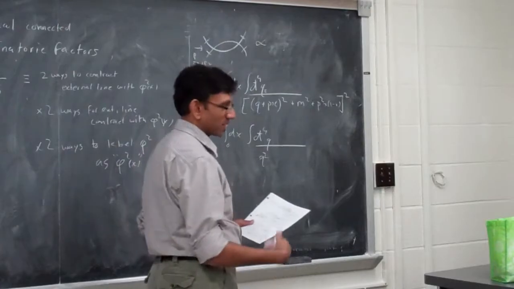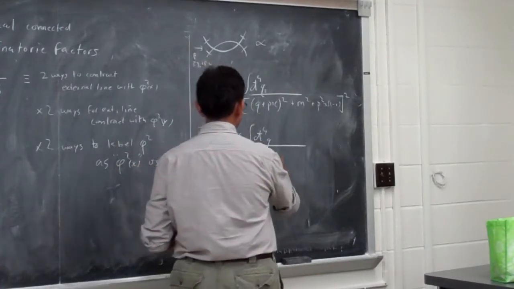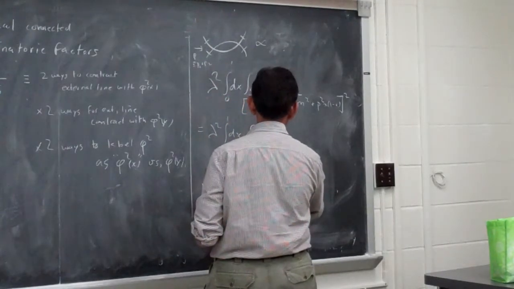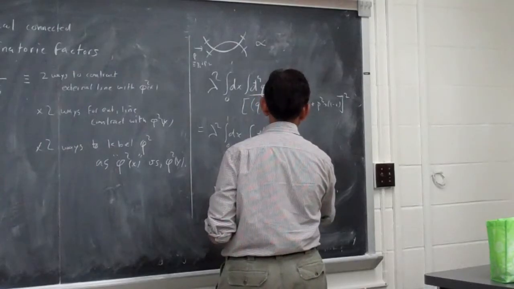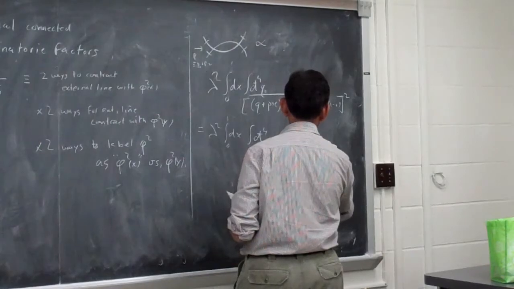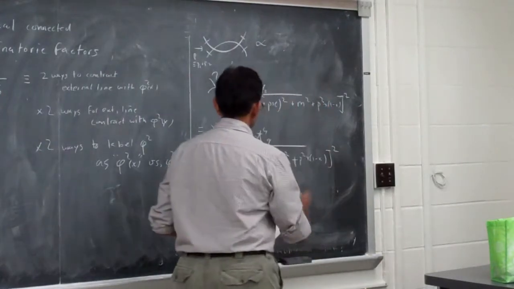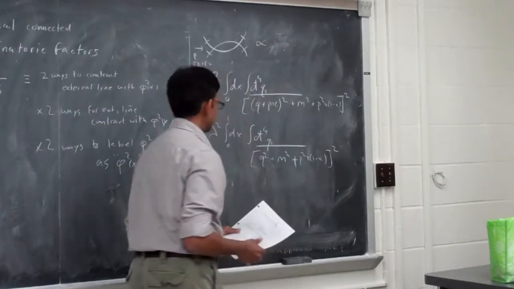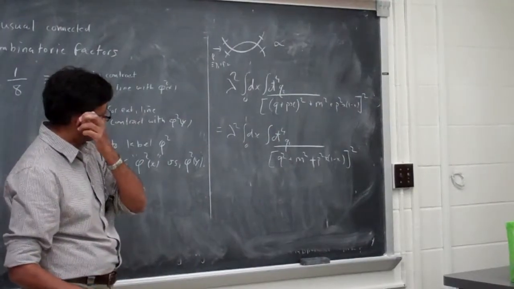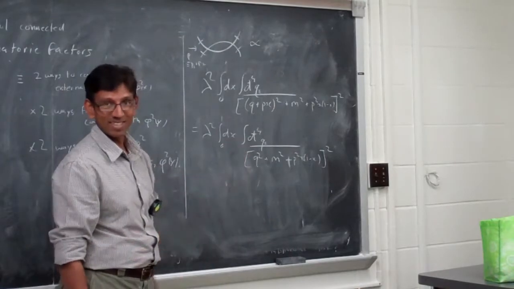So this is all Euclidean momentum except for p. Okay, so this is where we were at the end of class. And so that's that.